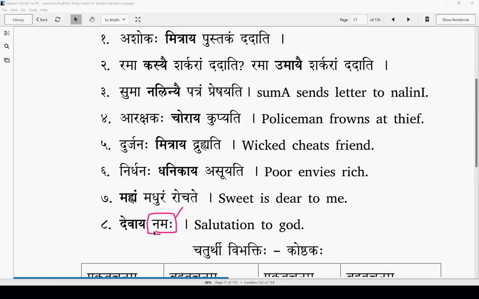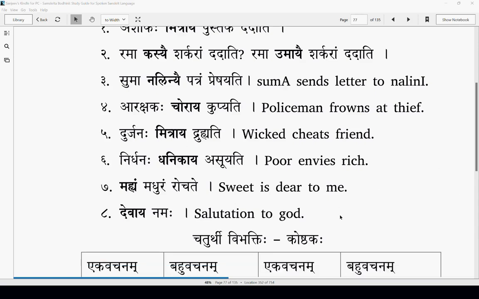Namaha Astu. So this can be thought of as a Kartru Padam. But the important thing to know is that when the word Namaha is there, the rule is that Chaturthi Vibhakti has to be used for the one to whom the salutation is being offered: Devaya.